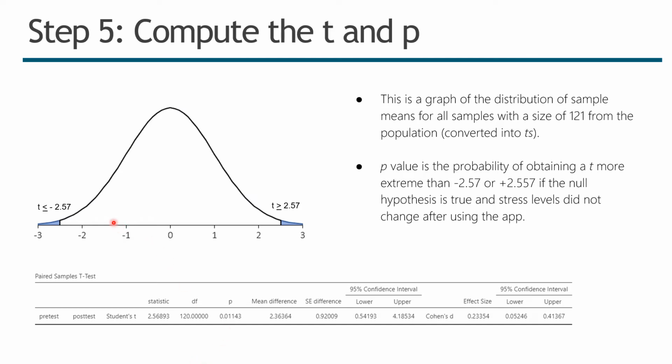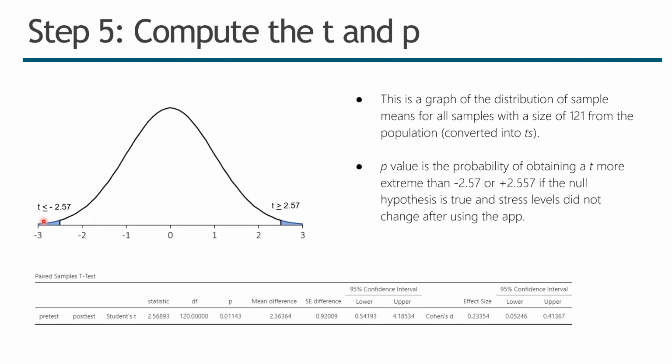What I've graphed here is a distribution of sample means, assuming that the null hypothesis is true. The mean of that distribution is equal to 0. We're looking at t-scores here. So I graphed the t of 2.57 and also a t of less than negative 2.57. Now the p-value is the probability of getting a value in either of these tails if the null hypothesis is true.